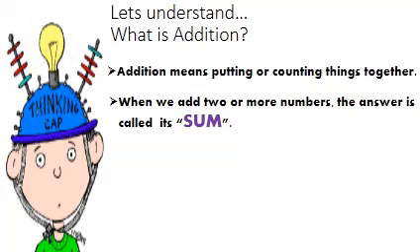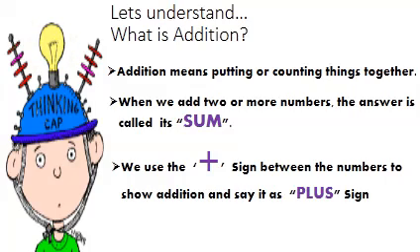Now do you see this plus sign, this horizontal and the vertical line? So children, this vertical line and the horizontal line is a sign that we use to show addition, and we say it is the plus sign. And the last one, children, can you see this?